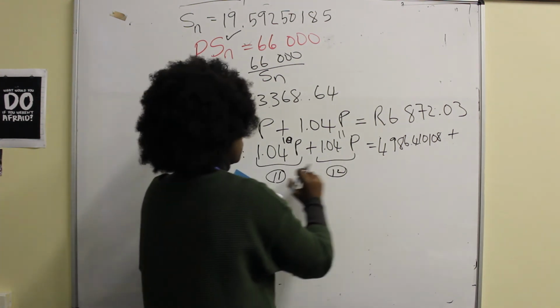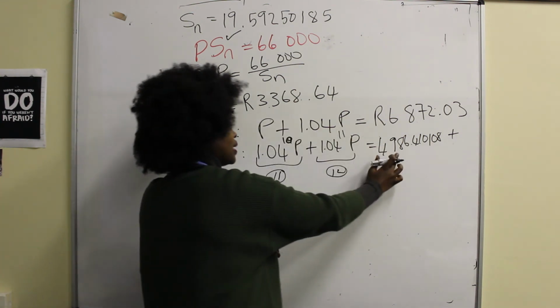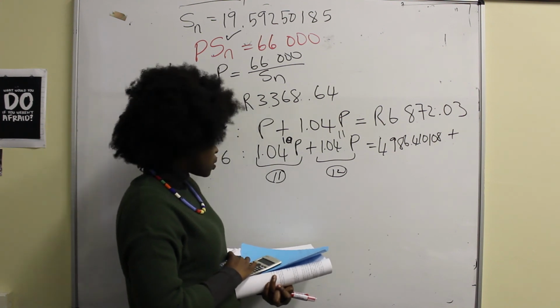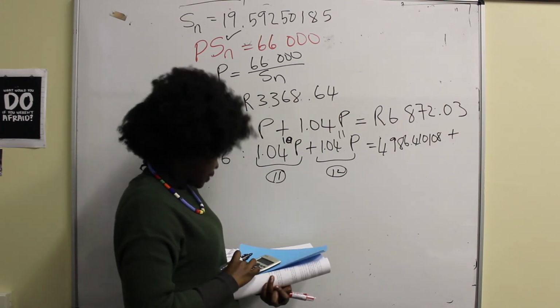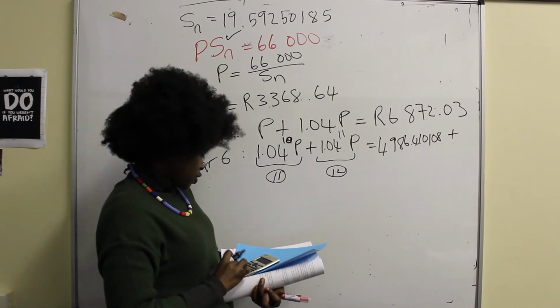So now I will calculate 1.04 to the power 10 multiplied by my P to get this number. Then calculate 1.04 to the power 11 and multiply it by 3368.64.